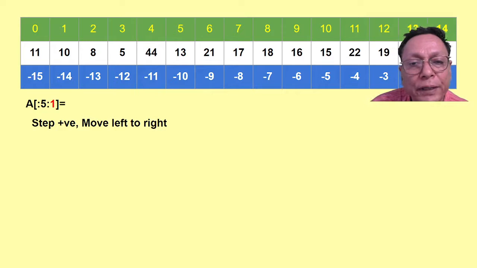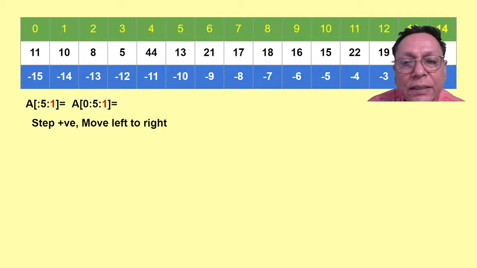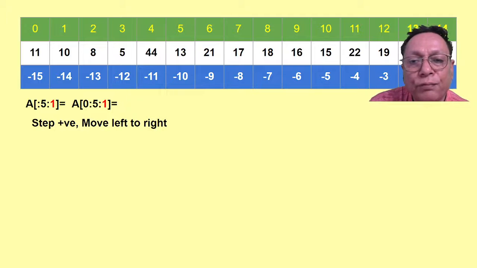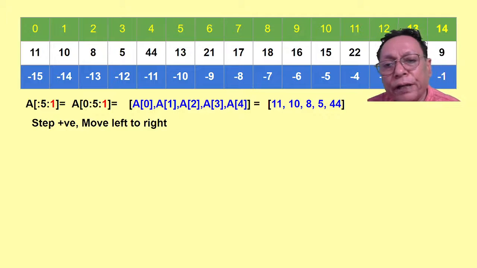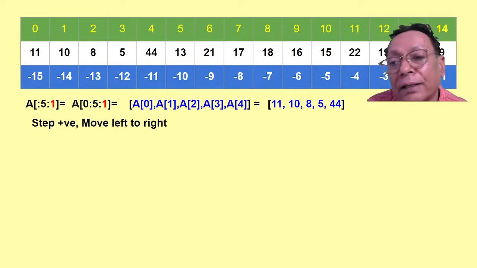So what should be here when the start is omitted? In this case, we'll consider 0 as the starting index. So 0, 5, 1. That means you'll have to move from left to right because step is positive. So 0 to 4 we'll have to consider. So A0, A1, A2, A3, A4 will get the slice.